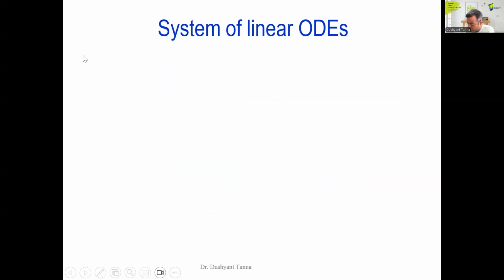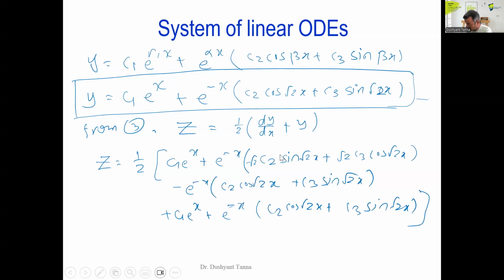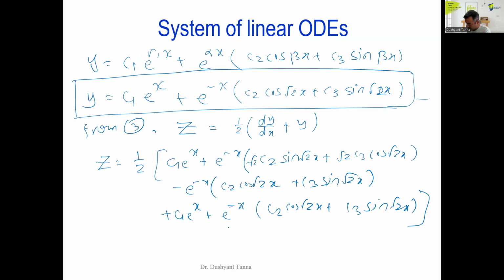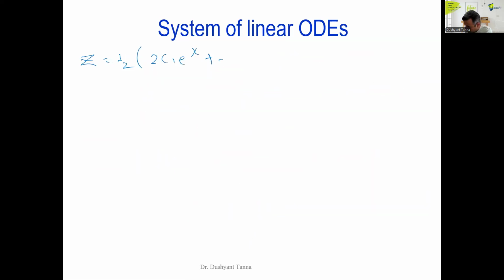And therefore your z is half, right? C1 and C1 will be 2C1 e raised to x. I take e raised to minus x common from everywhere. So e raised to minus x.